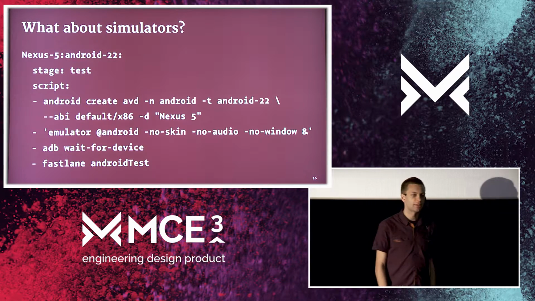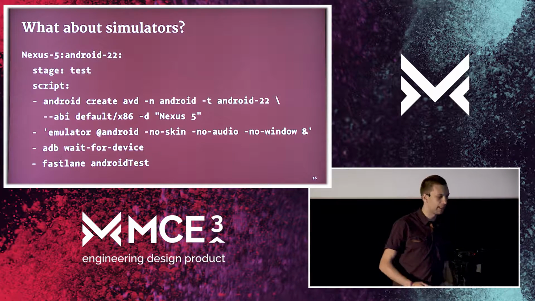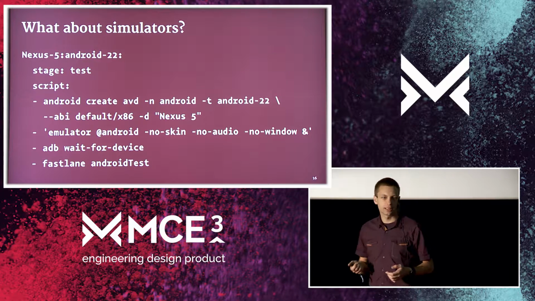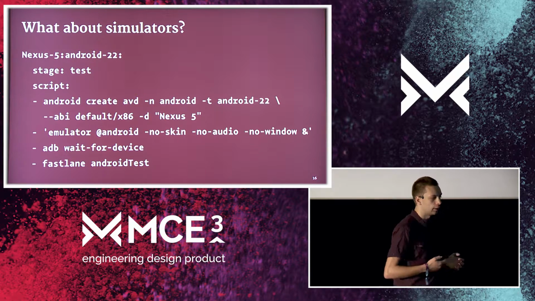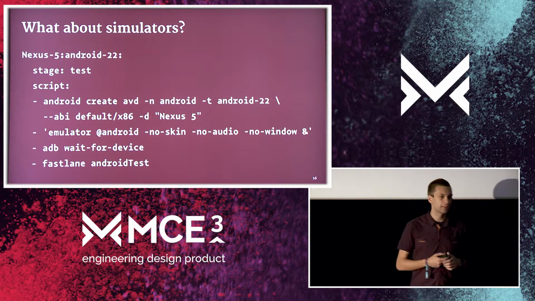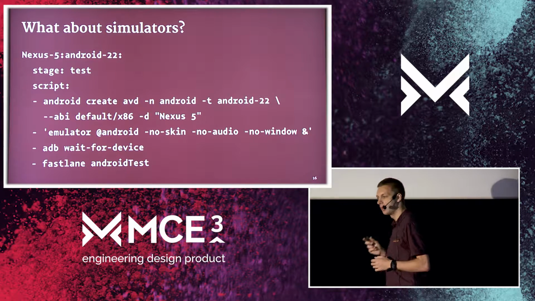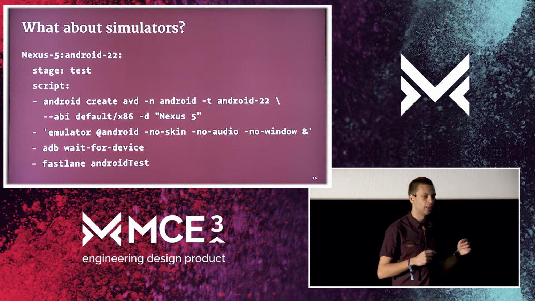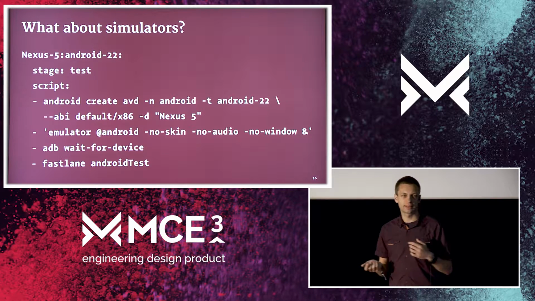You may be asking yourself, what if I want to test my application against a simulator? It's a little more complicated because you need to create your Android emulator and start it, and then you are free to use anything that connects to the emulator and executes instrumentation tests on it. But here is a nice catch: if you define 10 jobs for different emulators, these 10 jobs will be executed in parallel, not in sequence.